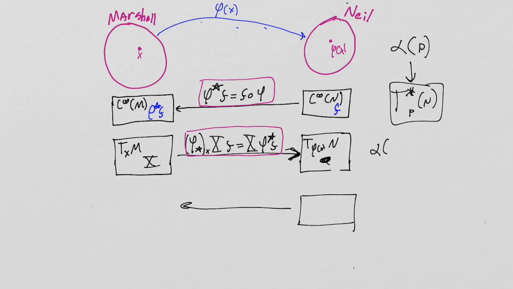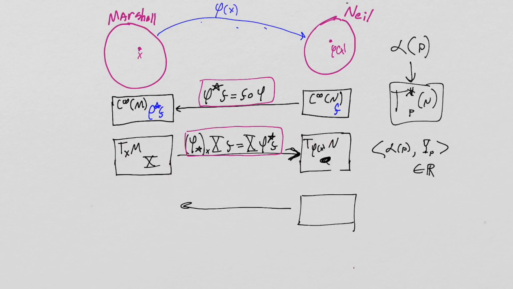So if I get alpha of P, I should be able to take some vector in tangent space, say Y at the point P, and this operation is a dual space mapping that gives me a real number. There, I just cleaned that up a bit, right? The alpha, the cotangent field on N, picks out a cotangent vector at P, which operates on a tangent vector at P to produce a real number, right? So that's ultimately what we're going to exploit to give us this mapping.